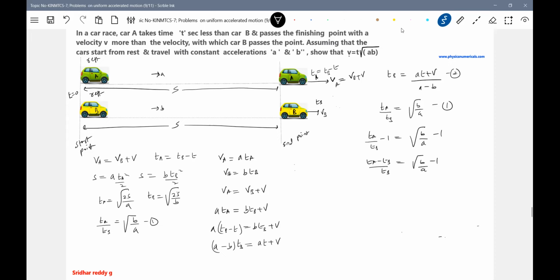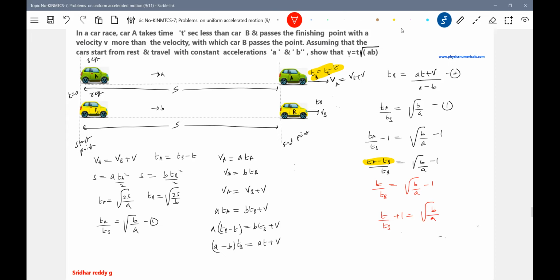TA minus TB from here we can write as minus T. So this will be minus T by TB plus 1 equal to root of B by A.